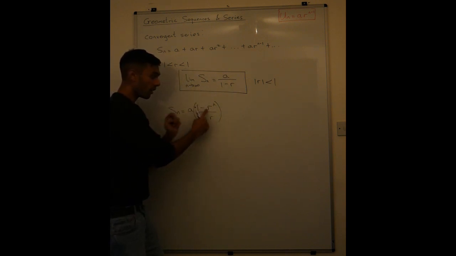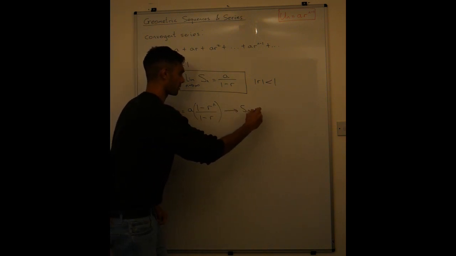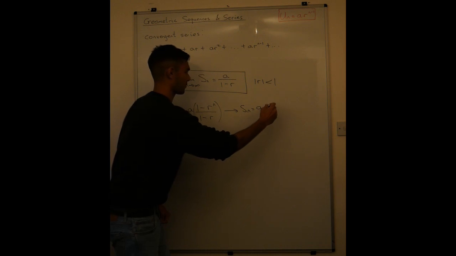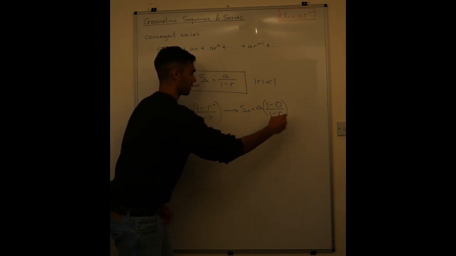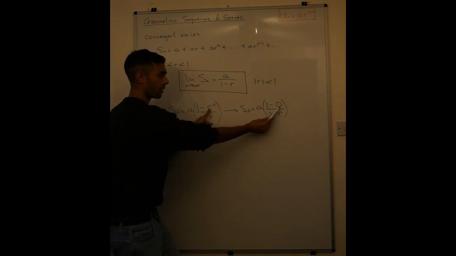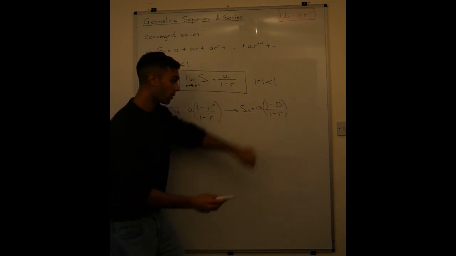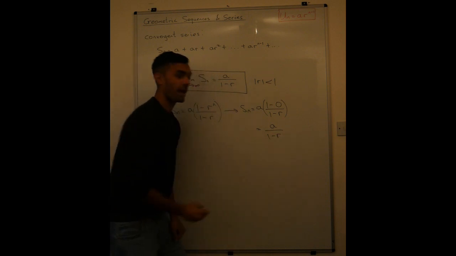So when n's really large, this is going to be a half to the power 100, a half to the power 1,000, a half to the power 1,000,000. So this here is approaching 0, and that's what it's getting closer and closer towards, but this term here is 0. And if you neaten this up, you get a over 1 minus r.